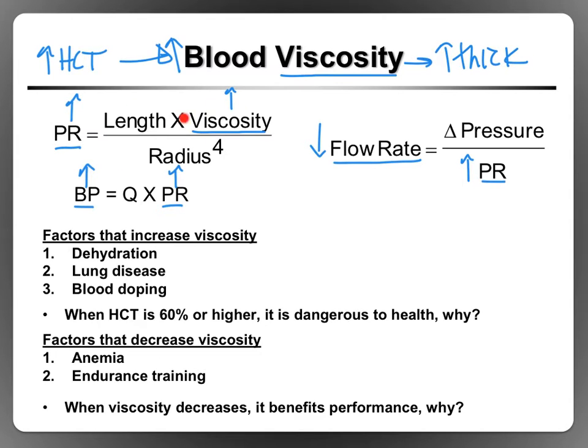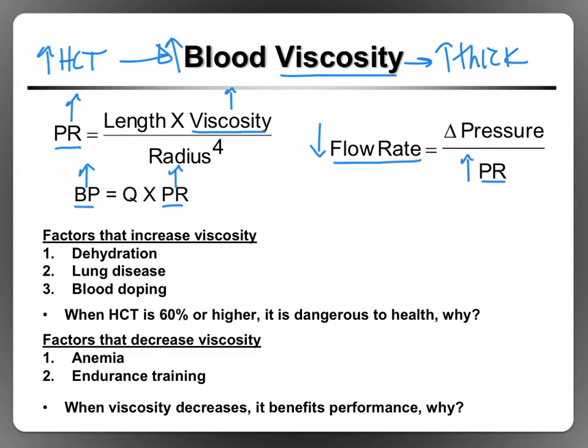Knowing these formulas is not to use them with numbers to make any calculations, but to understand the effects of the change in one factor, like viscosity, on other factors, like blood pressure, which can affect your health, and the rate that your blood flows, which can affect your performance.